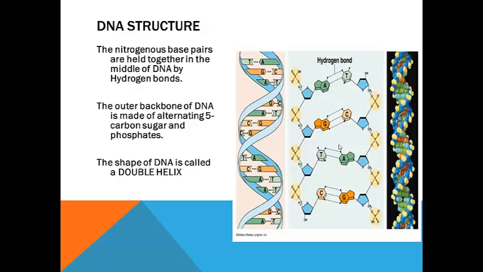What I also want you to look at is that the phosphate is going up on this side, and on this side the phosphate is going down. So that's what gives the DNA its double helix shape. Now the hydrogen bonds are going to join the nitrogenous bases together really tightly, and they don't fit exactly, so that's what makes the molecule twist like that.